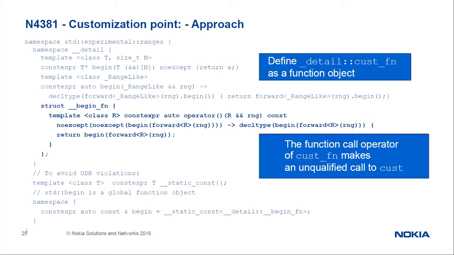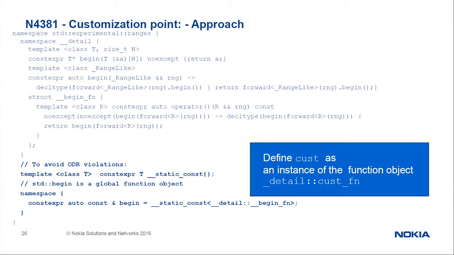And now we define a variable of this function object. The details are not important. What we want is just that this function object exists only once across all the compilation units.